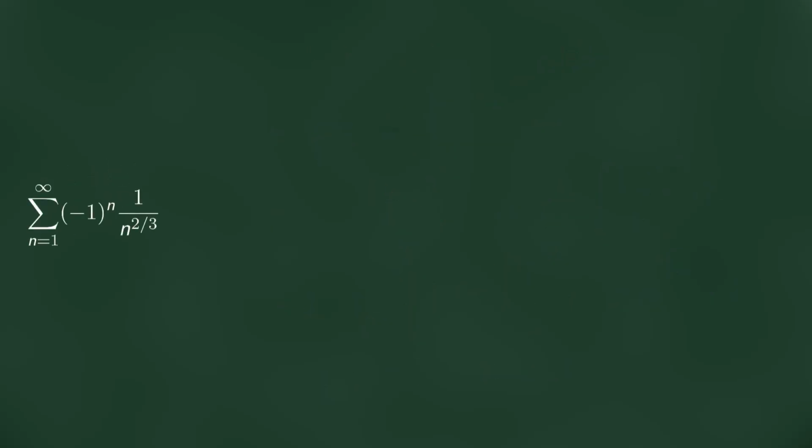All right, let's look at this next one. After that last one, this one's going to appear really easy. We can see by the way this is written that this is an alternating series. This negative 1 to the n term gives us an alternating series.